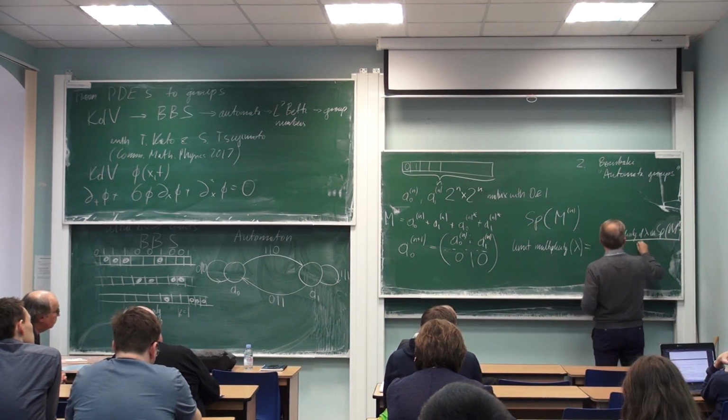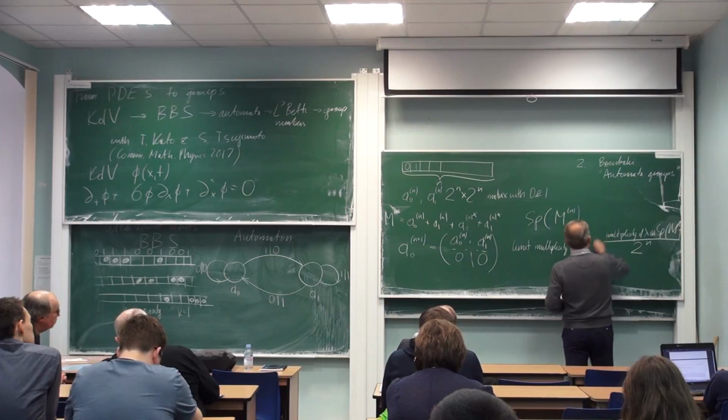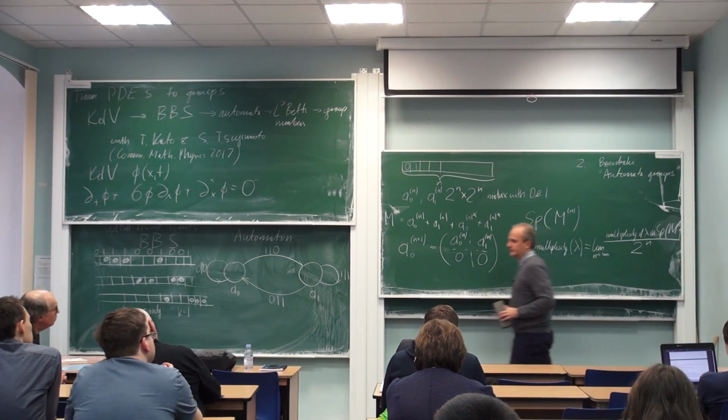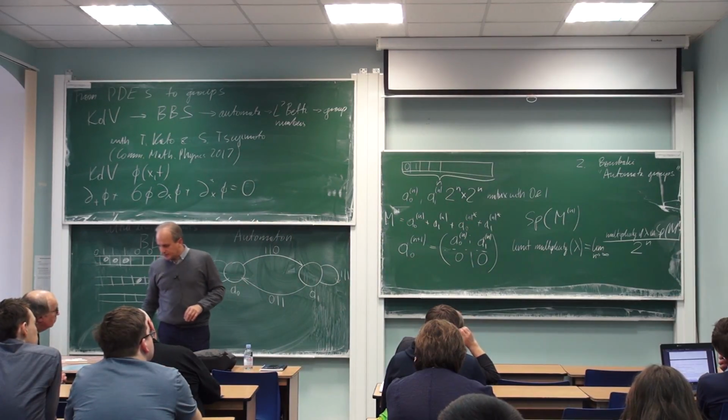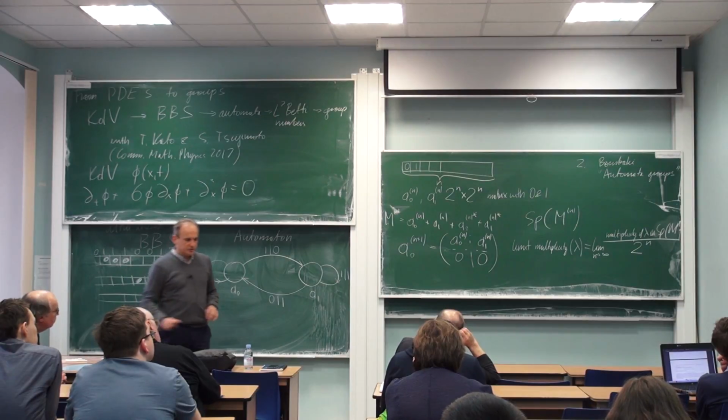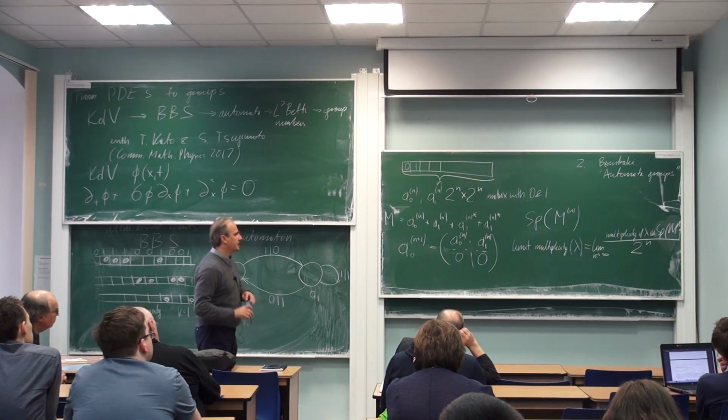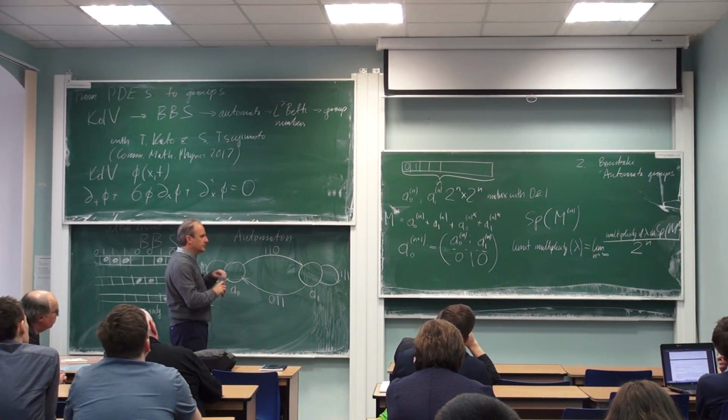So the size is 2 to the power n, and we'll take the limit when n tends to infinity. We fix lambda, and we look at how its multiplicity in the spectrum changes with n, and we take the limit when n tends to infinity.